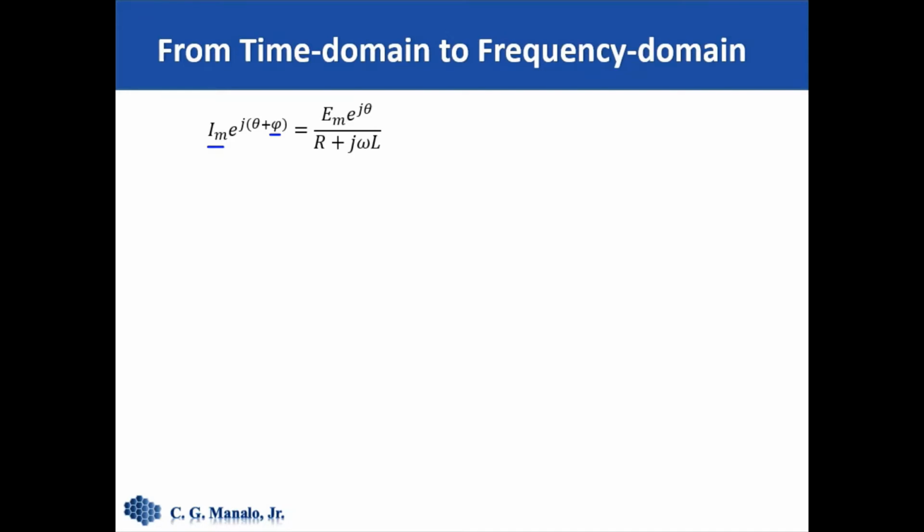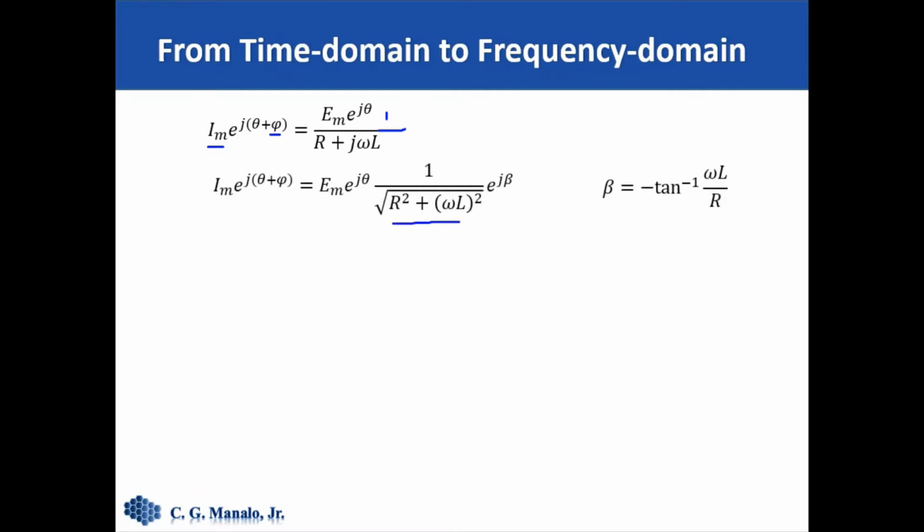Take note that 1 over R plus j omega L is also a complex expression, and that can also be replaced by a complex exponential expression, which is, I won't go over the details, this one, where the angle beta is given by this one.